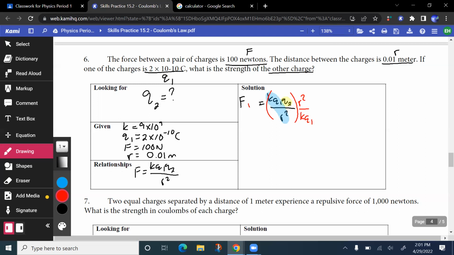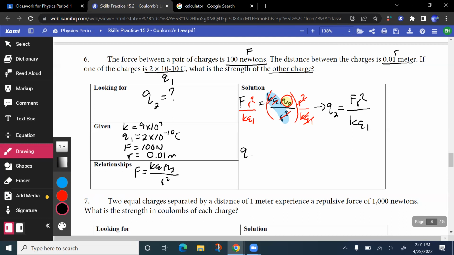You'll notice K cancels, Q1 cancels, and R squared cancels, and Q2 is by itself. So the equation we're going to be plugging into is Q2 is equal to F R squared over K times Q1.